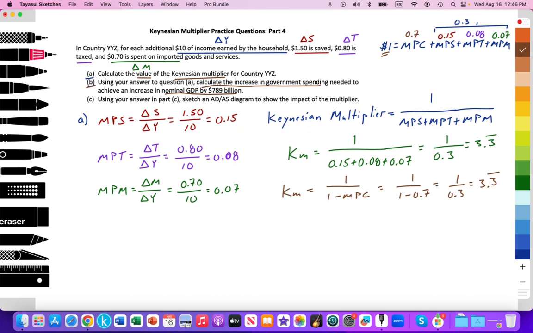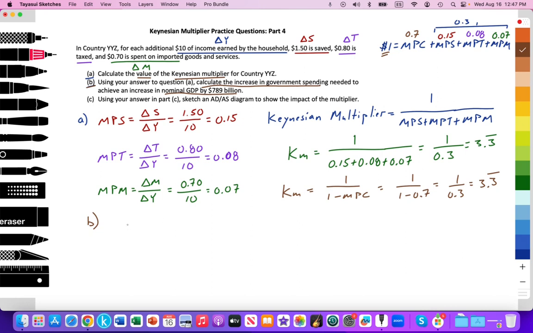What will the government injection need to be multiplied by 3.3 repeating times to achieve that total value of spending? So I want you to pause the video and in your notes calculate what that government injection needs to be to achieve $789 billion of spending if the multiplier is 3.3 repeating. Go ahead and calculate now. Pause the video.